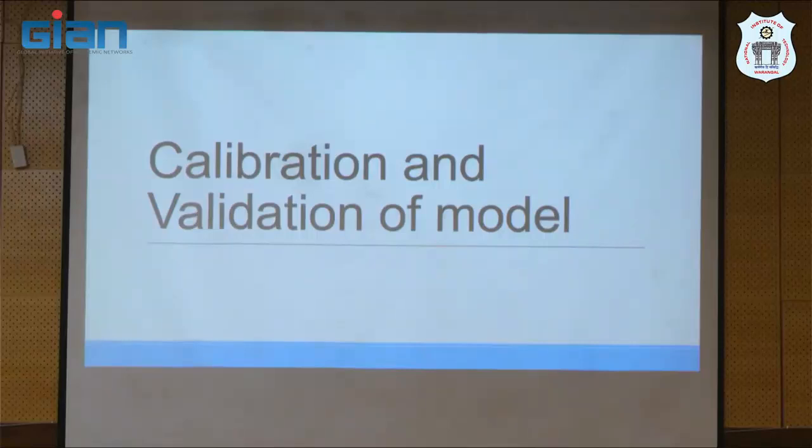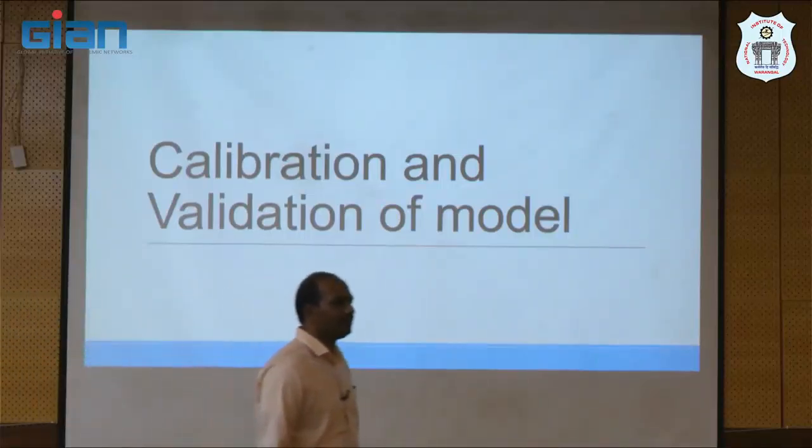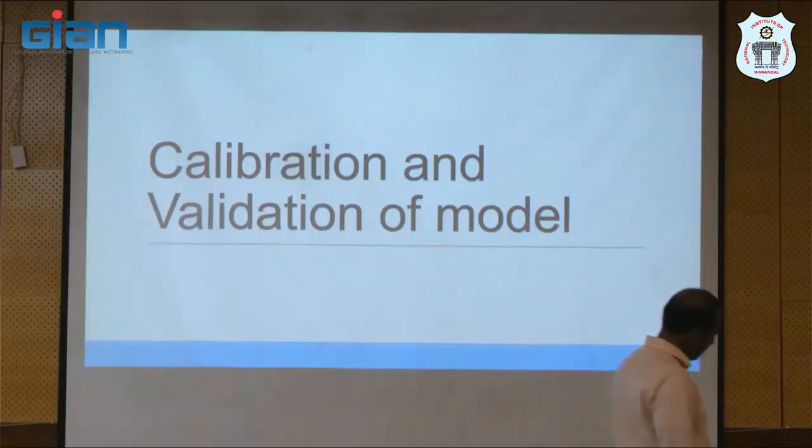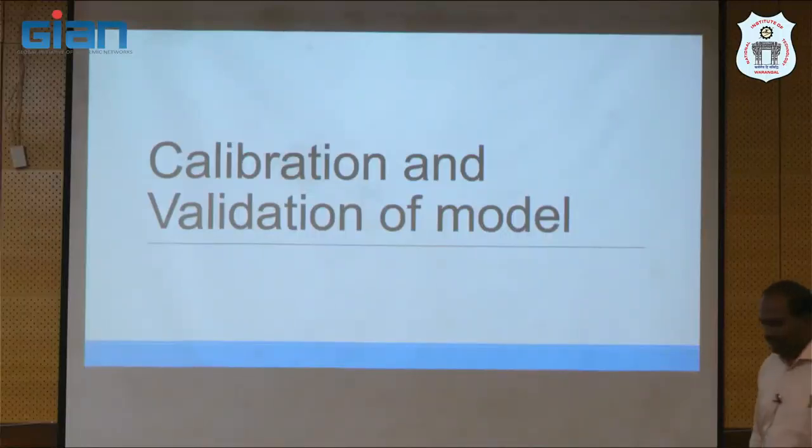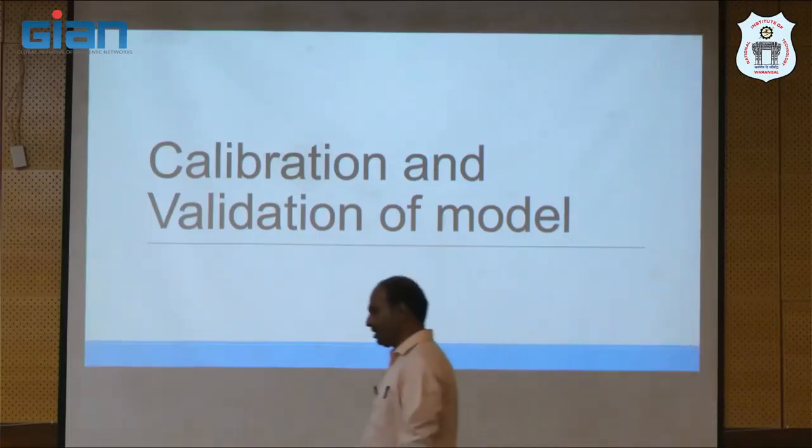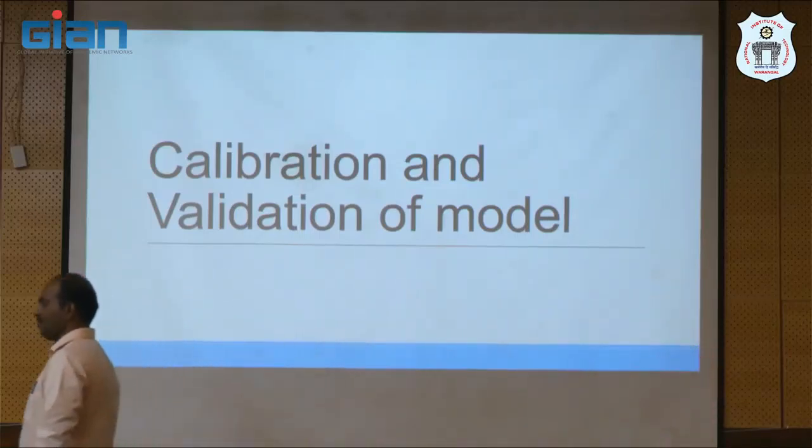Anything else? Relationship between input and output, okay. Yes, it helps develop the relationship between input and output. All of you are correct, right? So calibration is basically the process of estimating the parameters.